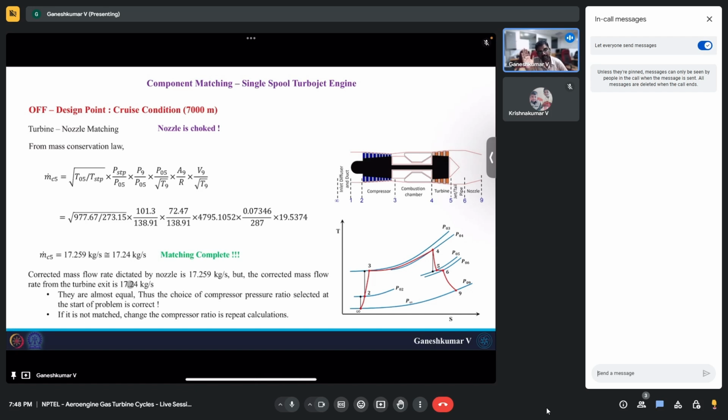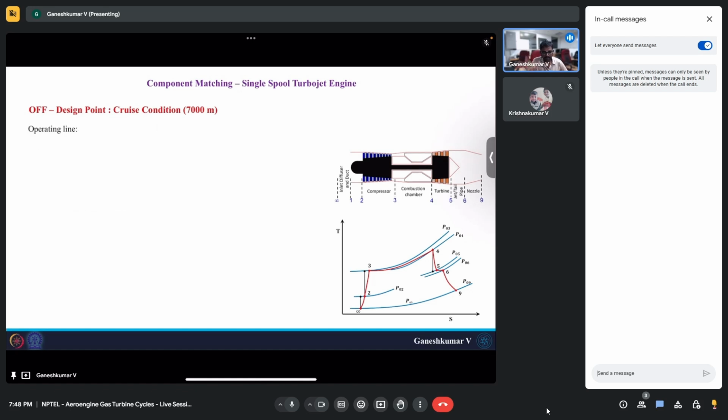So that is dictated by the mass conservation coming from the compressor to turbine. Here we are assuming they are almost equal, so we'll take the choice of pressure ratio that we selected at the start of the problem as correct. If it is not matched, you need to change the compressor pressure ratio and repeat this calculation until you see m dot c5 matched when you use both the expressions.